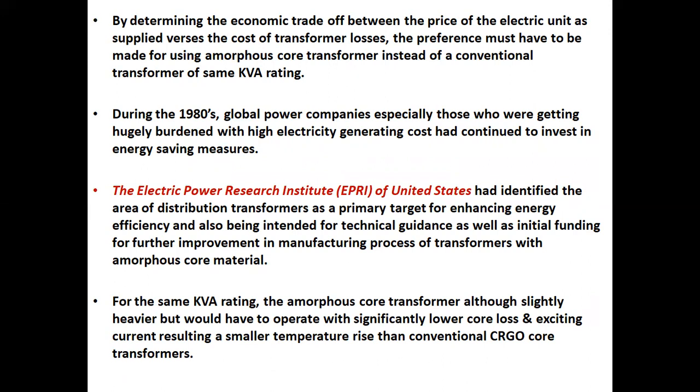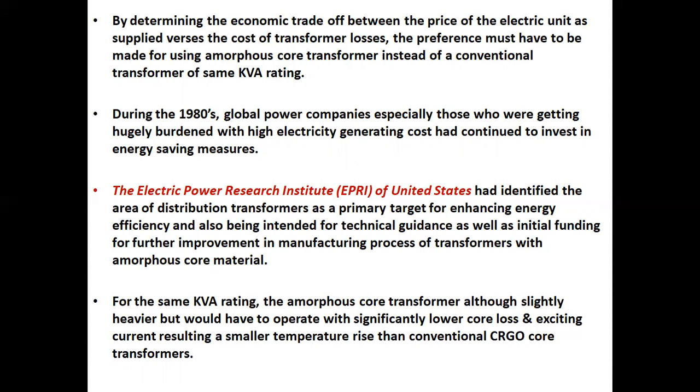The Electric Power Research Institute, EPRI, of United States had identified the area of distribution transformers as a primary target for enhancing energy efficiency and also being intended for technical guidance as well as initial funding for further improvement in manufacturing process of transformers with amorphous core material.